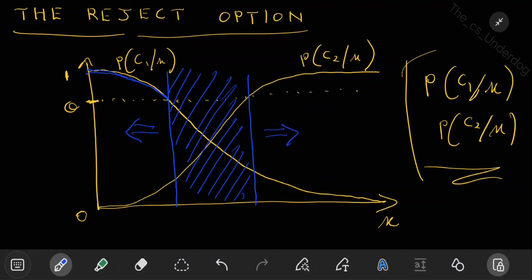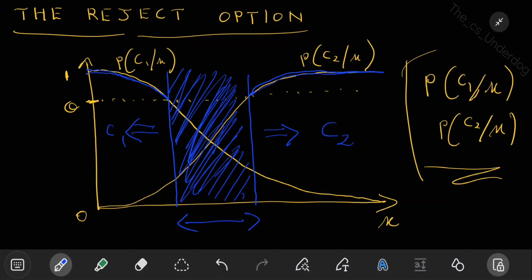Whatever is on the right side of this region, you know p of c2 given x is above theta, so you will put it into c2 class. Here c2 class, here c1 class. But whatever is in the middle, these values of x, you won't assign to any class, and you would say these are rejected. So here you can add a human intervention where a human being can come and see what is the class to be assigned.